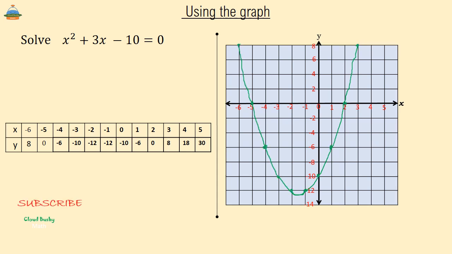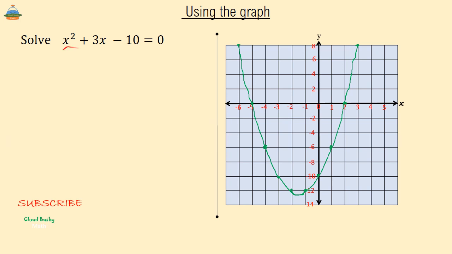Awesome. So if we are to solve the equation x squared plus 3x minus 10 is equal to 0, we have to look for the points on the graph where y equals 0. Now, if you look closely at the graph, there are 2 points where y has a value of 0.